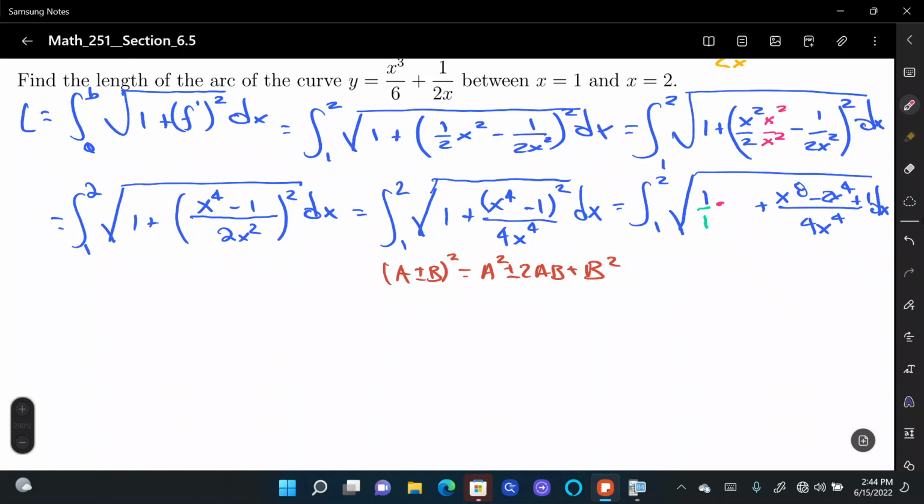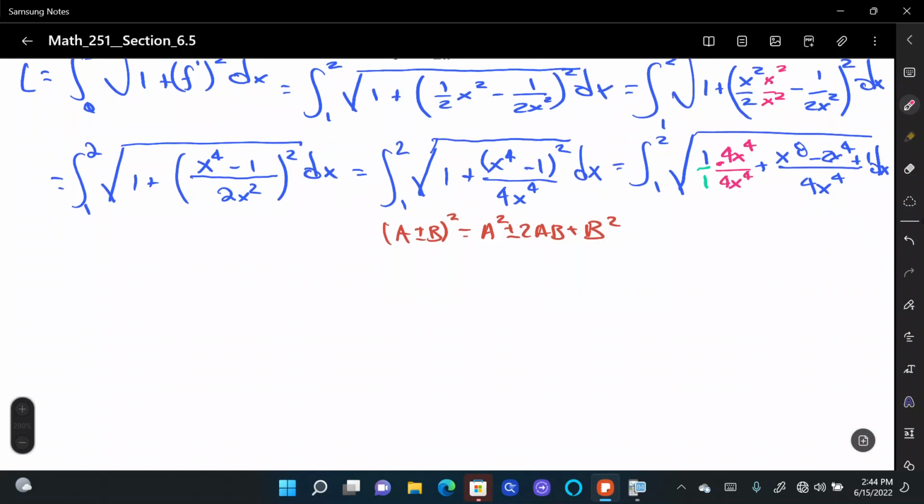So let's go ahead and do that. Multiply numerator and denominator by x squared, 4x to the 4th, and divide by 4x to the 4th. Okay, so we may put this together into a single fraction.